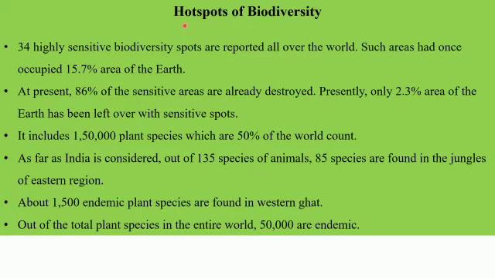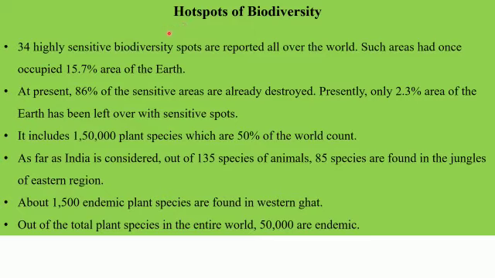So endemic means those plant and animal species which are found only at a particular place on Earth. Such animals and plants are more susceptible to getting extinct if necessary precautions are not taken. So such places, that is hotspots, need to be taken care of.